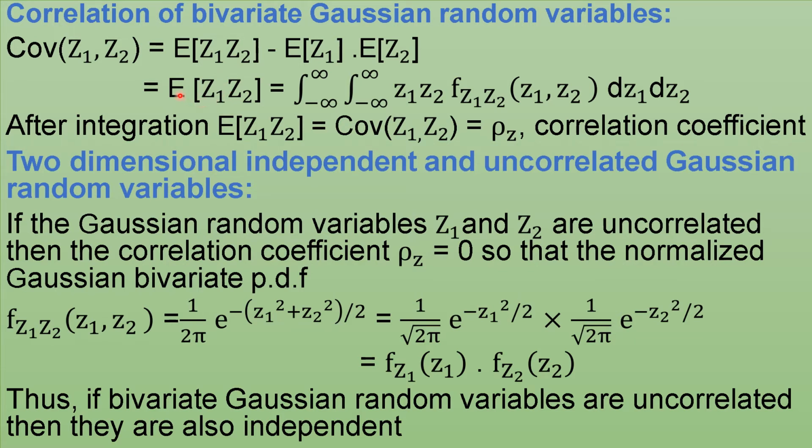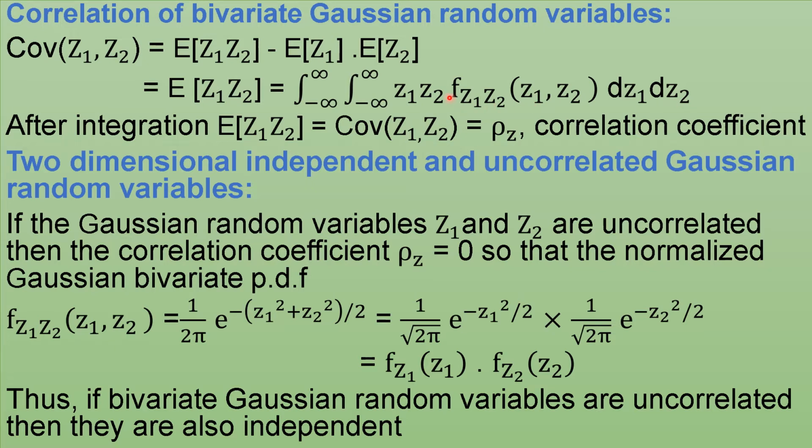And by the definition of expectation, expectation of Z1 Z2 will be equal to the double integral from minus infinity to plus infinity of the product Z1 into Z2 multiplied with the probability density function of the bivariate Gaussian random variable, f Z1 Z2 of z1 comma z2, dz1 dz2.